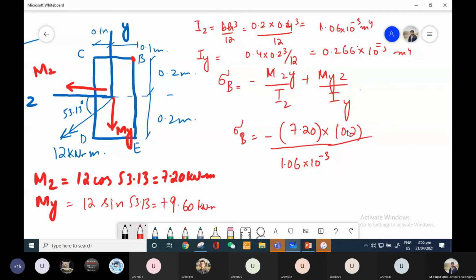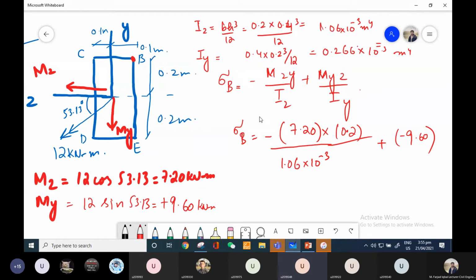Okay, so this is about y. Then what about my? Will it be positive or negative? Negative, sir. Negative. So my is negative, and I will put in negative 9.60. What about again this z?